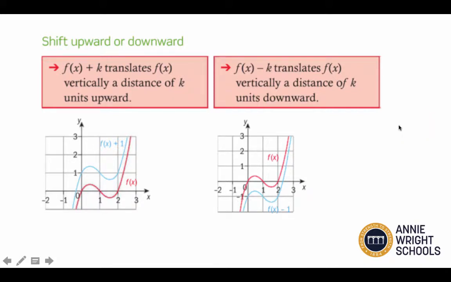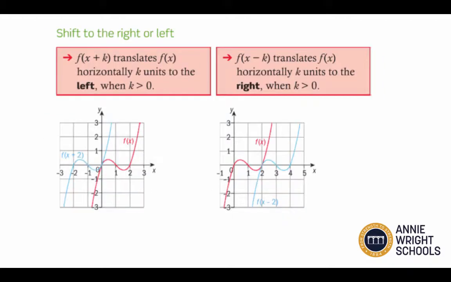Now this is interesting, and we'll get into it more together, but it's the exact opposite with the x value. With the x value, adding moves it to the left, and subtracting moves it to the right. The way I think about that is take this value of 0. If I change the inside, so we have y equals f of x, how do I get a 0 for x?